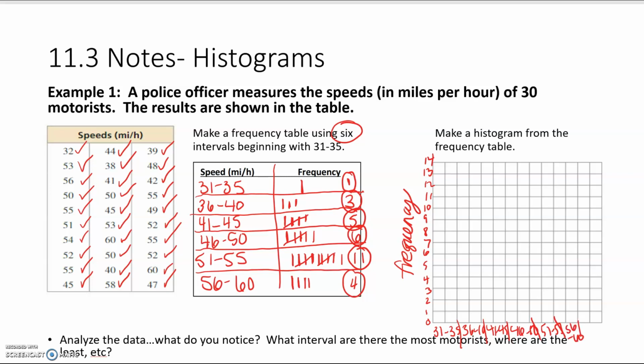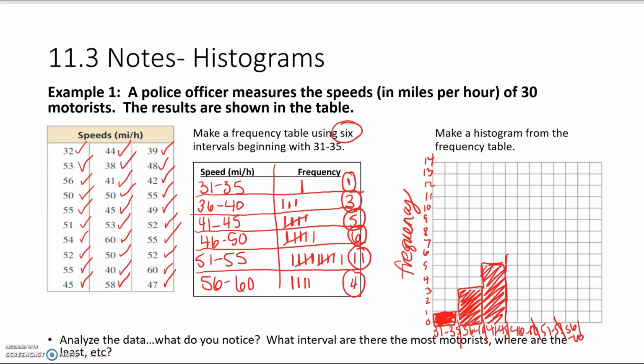For that first one, we just had one person going that speed, so we're going to fill in that box. The next interval we had 3 people, so I'm going to go up to 3 and fill in that box. Next in the frequency table I had 5 people, so I'm going to go up to 5 and fill in that box.